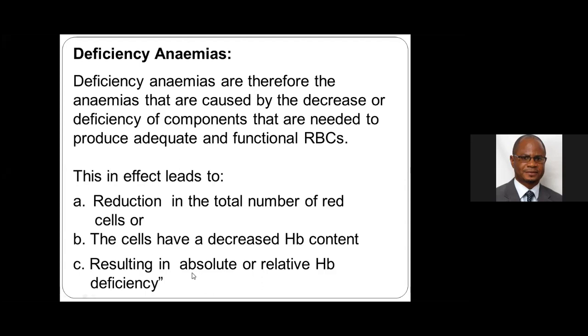I've mentioned what the absolute refers to and relative. When all the parameters are missing or are reduced, then the anemia that occurs is absolute. When one is reduced in relation to the other, then the anemia that ensues is relative.